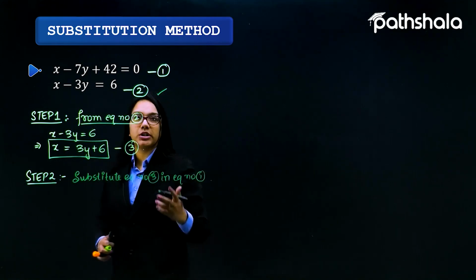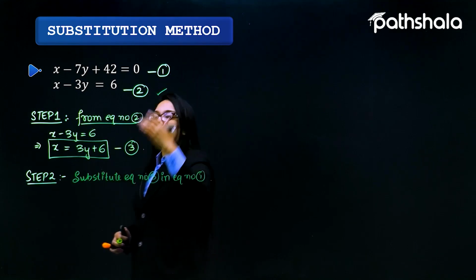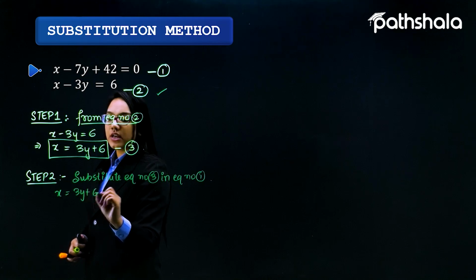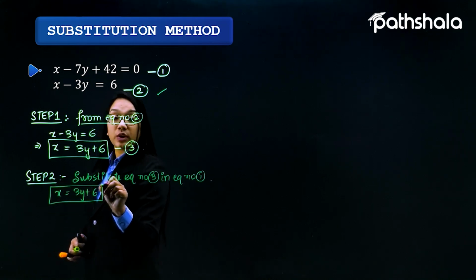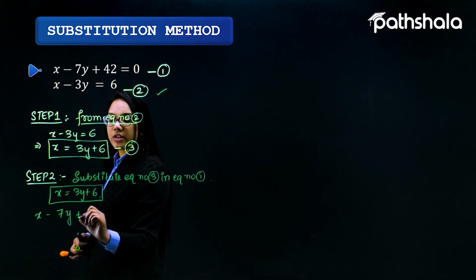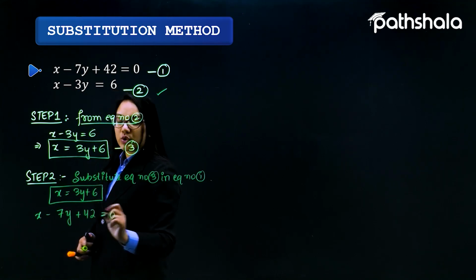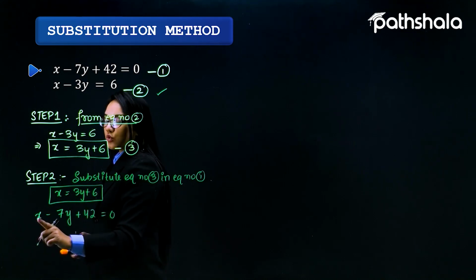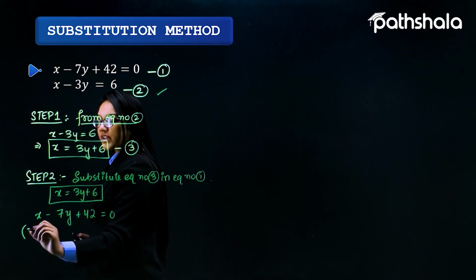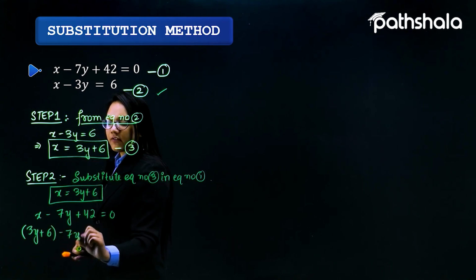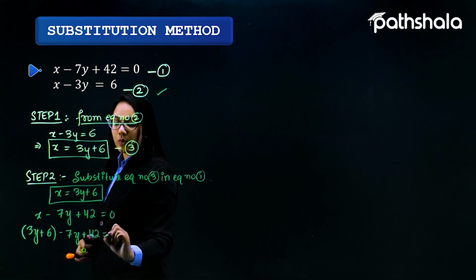Equation number 1 is x minus 7y plus 42 is equal to 0. Substituting the value of x, which is 3y plus 6, we can write 3y plus 6 minus 7y plus 42 is equal to 0.